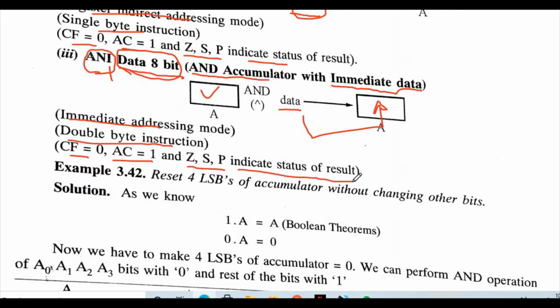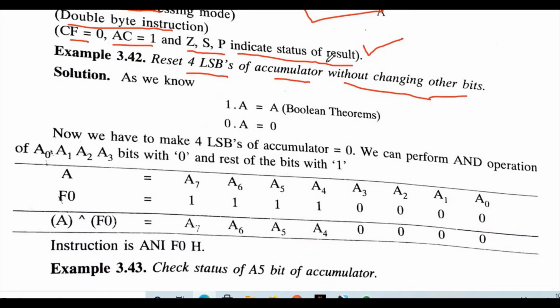So again, let us do an example. We have to reset the 4 LSBs of the accumulator without changing other bits. Meaning what we have to do? We have to make the 4 LSBs of the accumulator 0, and the 4 MSBs should not change, they should remain as they are.